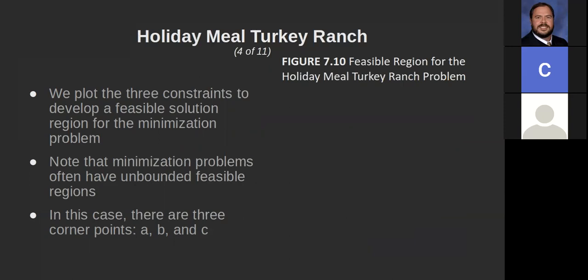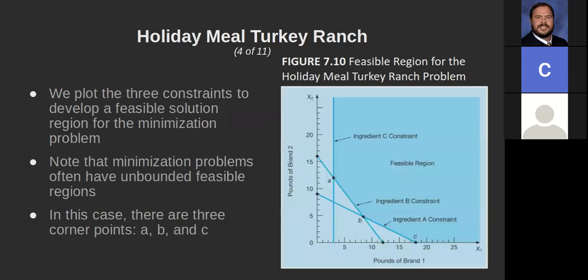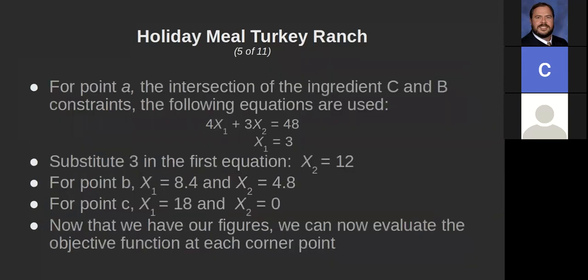In this case, there are three corner points, A, B, and C. For point A, the intersection of the ingredients C and B constraints, the following equations are used: 4x1 plus 3x2 is equal to 48, and x1 is equal to 3.